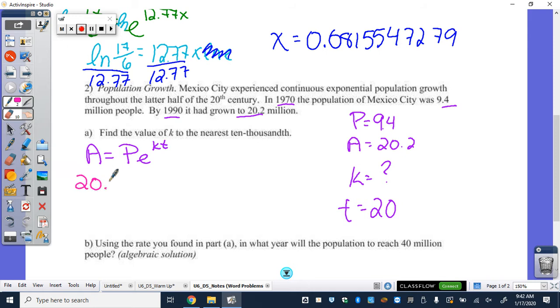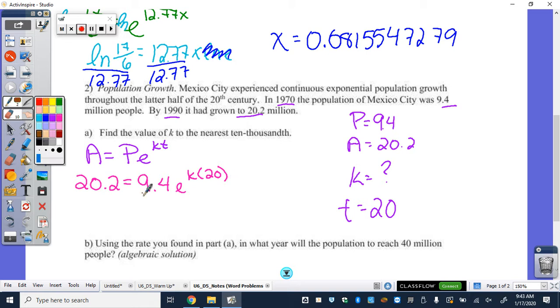So we got 20.2 equals 9.4 times e to the k times 20, or 20k, whichever way you want to write that. E is e, because it was continuous exponential growth. So that's why we knew to use this formula.